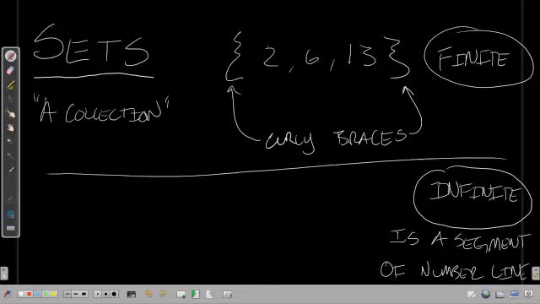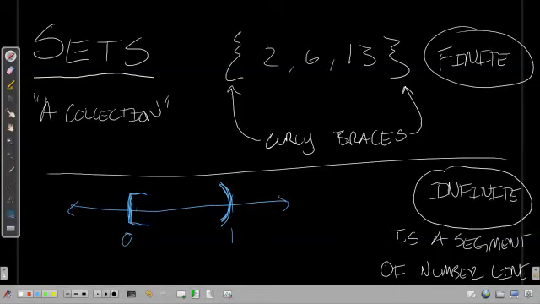So if my number line is here, and I'm talking about the set of numbers from 0 to 1, and I wanted to include the number 0 in my collection, but I did not want to include the number 1 in my collection.